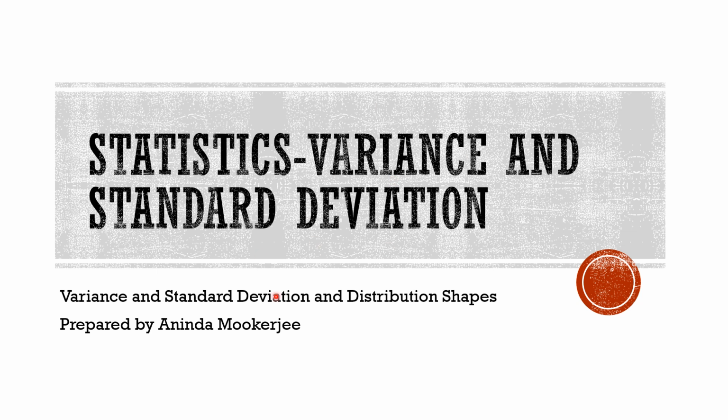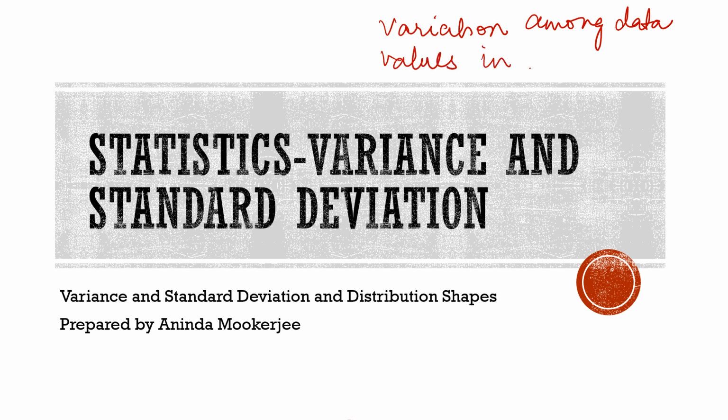What this refers to really is the variation among the individual data values from the average of the data values, right? So it's the variation among the data values within the data set.